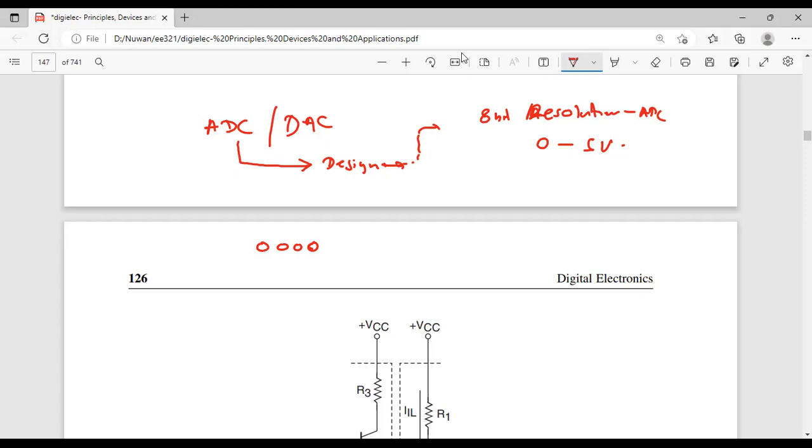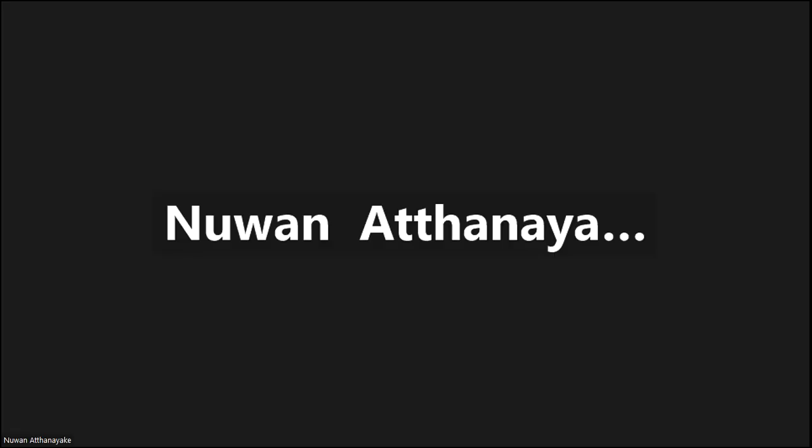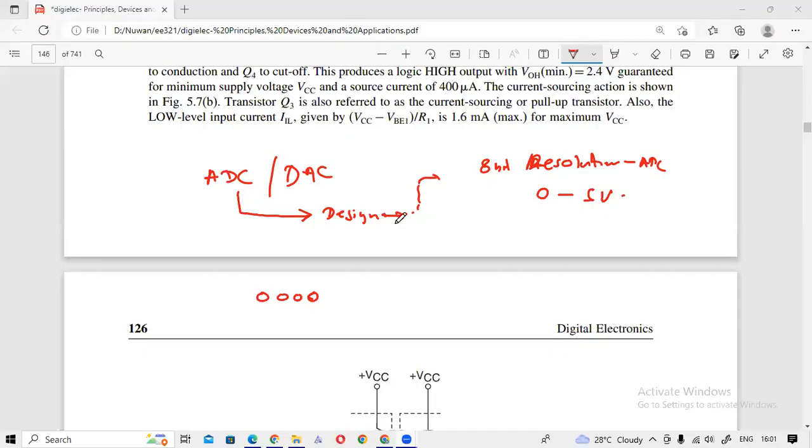But even if you are given 8-bit resolution, it is not much difficult.